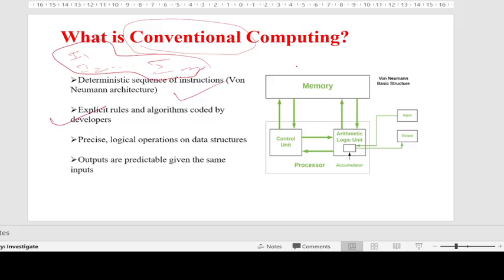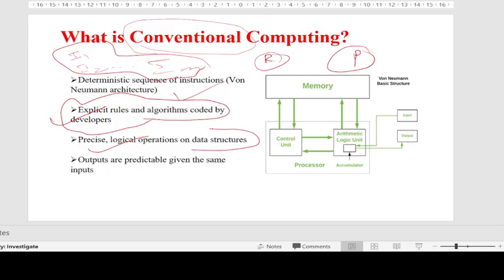For example, we want to solve a problem P. To solve that problem we have a set of rules and instructions, an algorithm is designed, and based on that algorithm we solve the problem. It also involves precise and logical operations, and we may use different data structures for different operations in the problem.